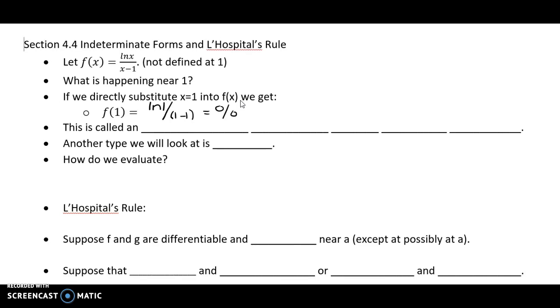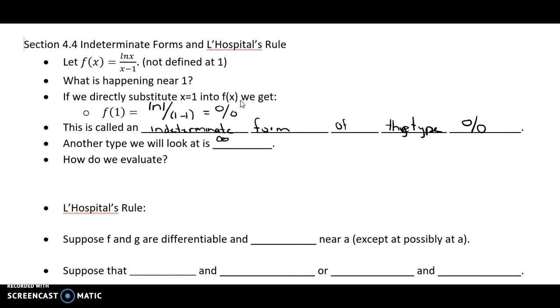When we substitute a number into the function and we get something of the form 0 over 0, this is called an indeterminate form of the type zero over 0.